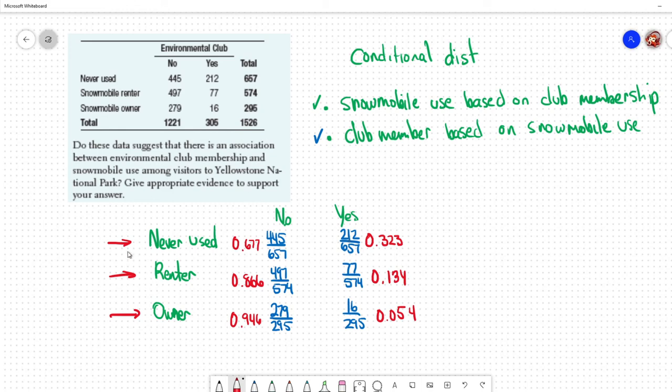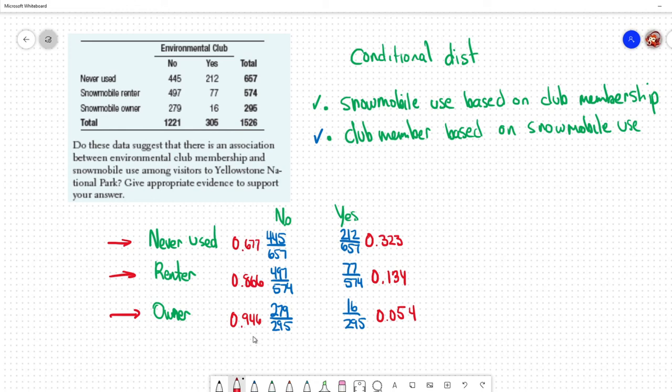Does that changing of category, that changing of variable, affect how these numbers appear? Because if we went down to renter and to owner and we still saw this kind of distribution of 67, 68% to 32%, then I would say, no, it's not really making a difference.